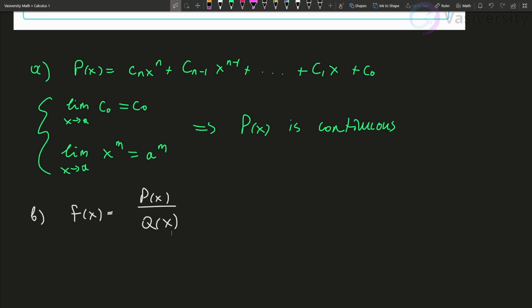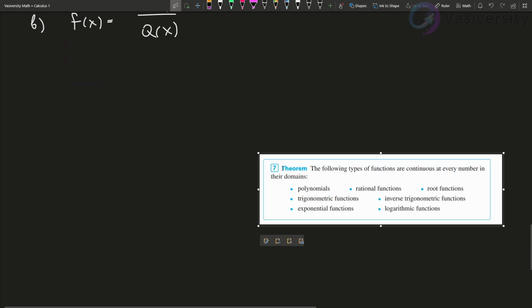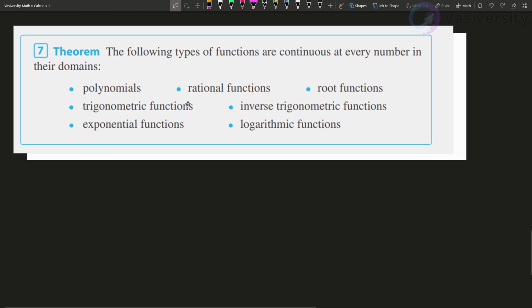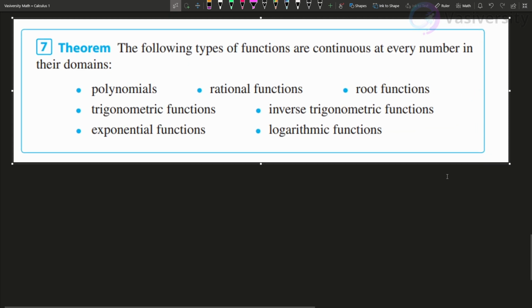All right, perfect. Now, there is a theorem which we previously mentioned, but let's write down all of the functions that are continuous at every number in their domain. Wherever the domain is, the function is going to be continuous. This is the majority of functions that we are going to be using in calculus.